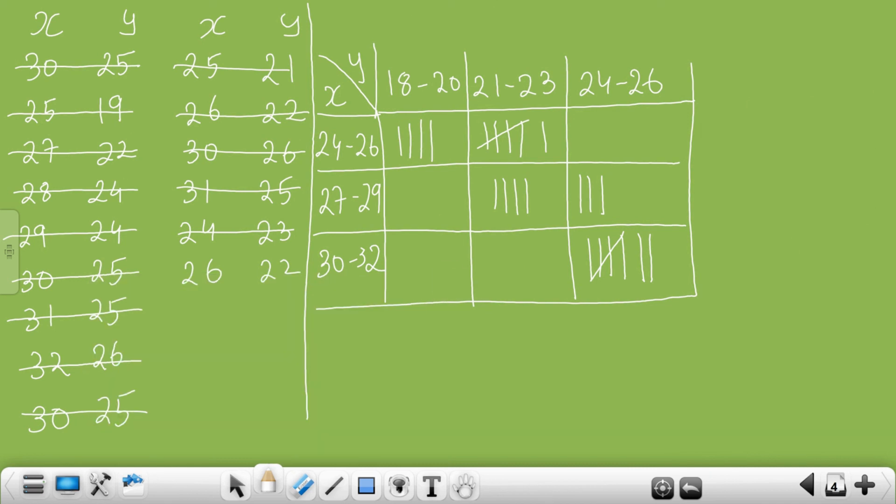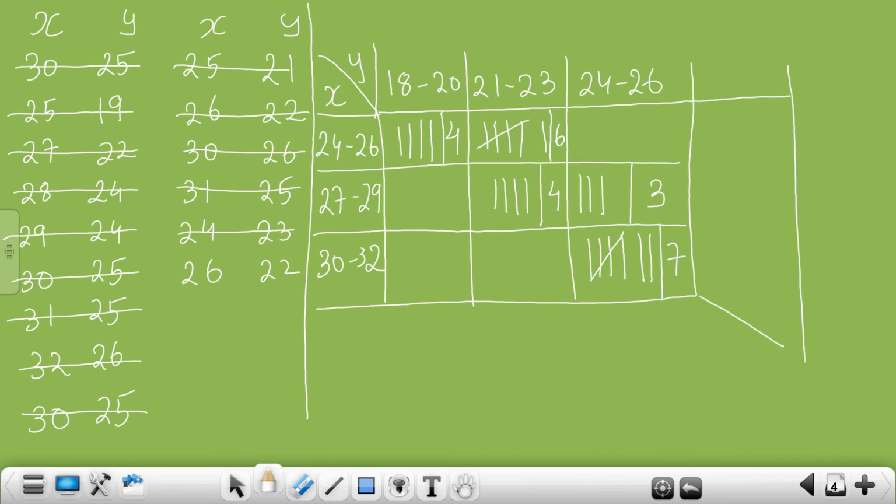Right, and now ideally the total of all of the values should be equal to 24. So the first one is 4, the second one is 6, the third one is 4 again, the fourth one is 3, and the fifth one is 7. Now either way, if we take it horizontally or vertically, the total of all the values should be equal to 24.